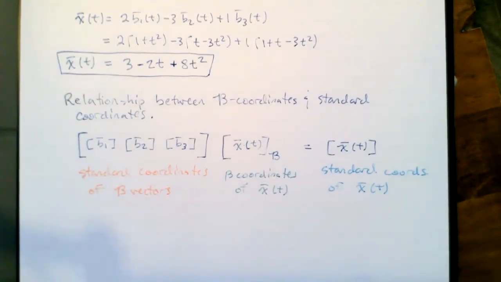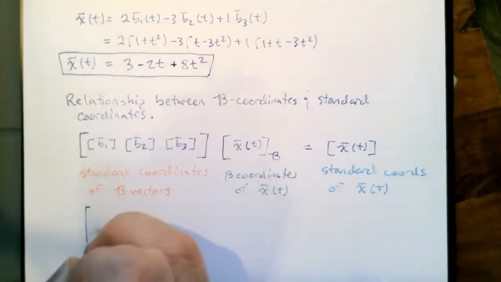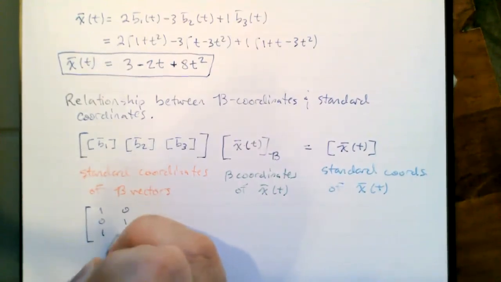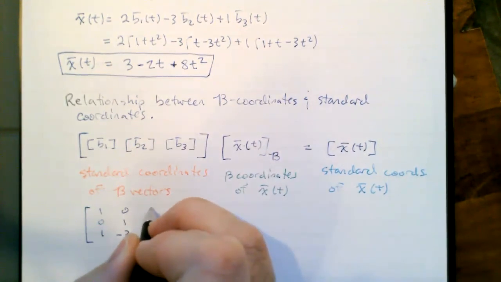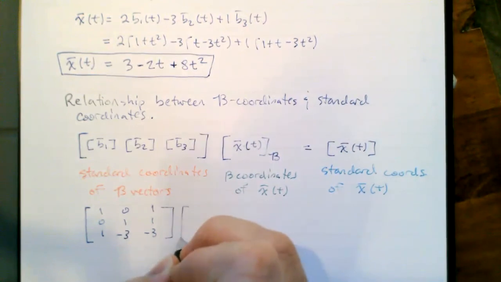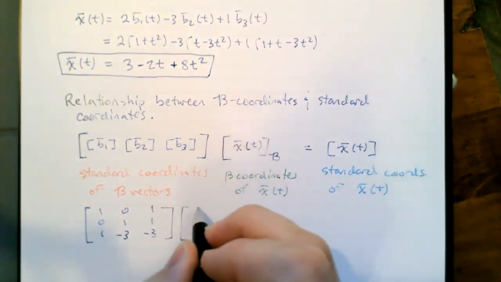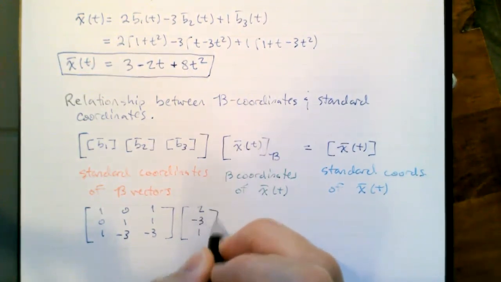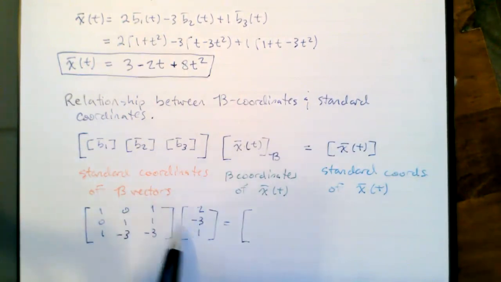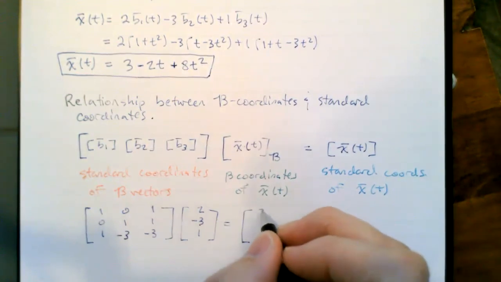Let's verify that this works. The standard coordinates of the B vectors are 1, 0, 1, 0, 1, negative 3, and 1, 1, negative 3. If I multiply this by the B coordinates of x of t, which were 2, negative 3, 1, I get 2 plus 0 plus 1, which is 3.